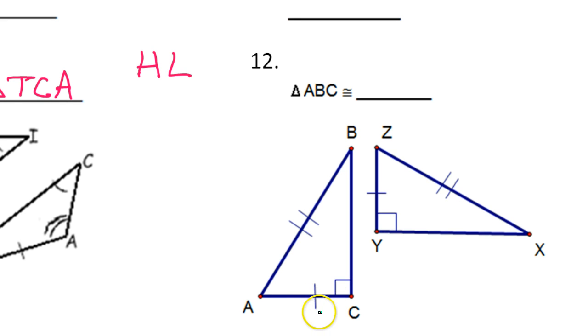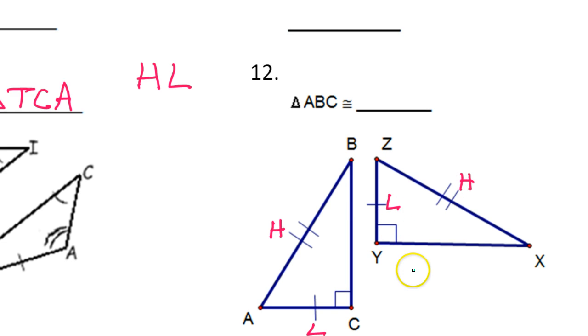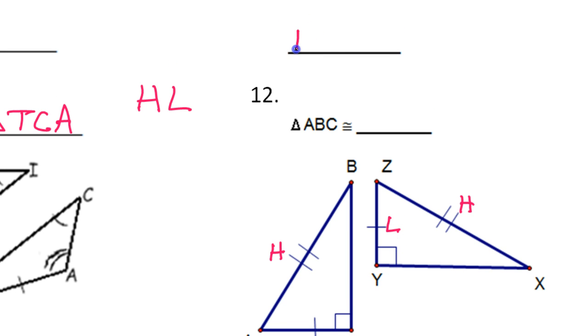Well, that's a leg. This double mark, is this the hypotenuse? Yes, it is the hypotenuse. It's across from the 90-degree angle. It's the largest side. So we are given a hypotenuse and a leg of one triangle congruent to the hypotenuse and the leg of the other triangle. So we can call these congruent by the hypotenuse leg theorem.